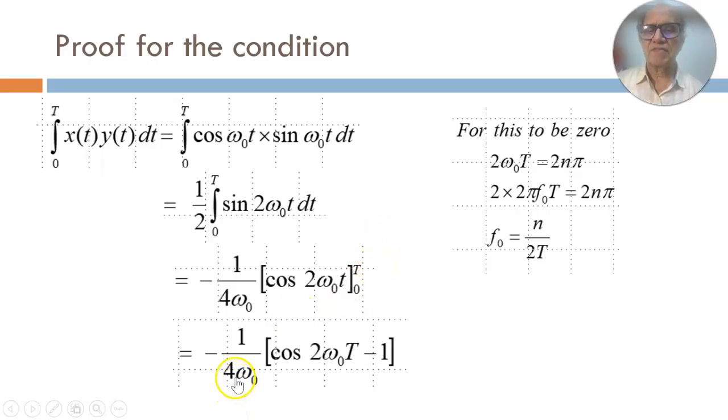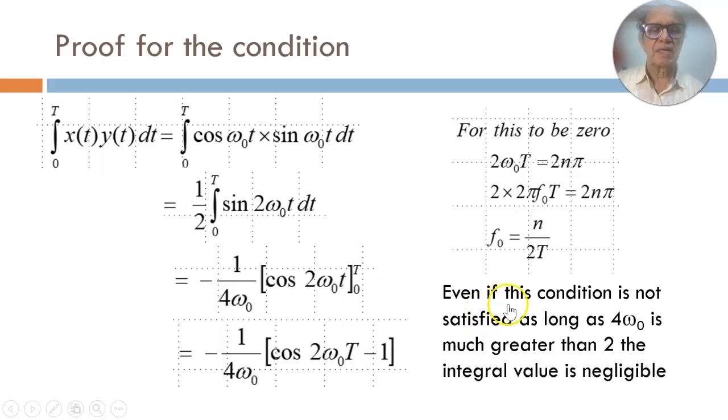And in most practical cases you will find that this required inequality is generally satisfied. So let me just state it again. Even if this condition is not satisfied, as long as 4ω₀ is much greater than 2, the integral value is negligible, and for all practical purposes you can say that cos and sine are orthogonal to one another.